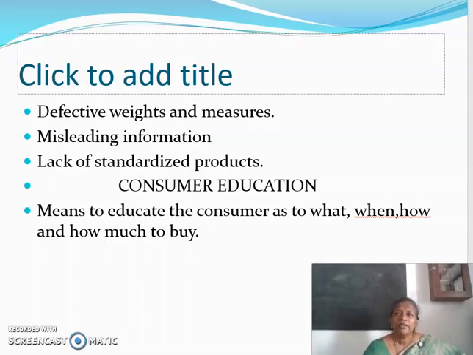Think of one example: when you use Fair and Lovely, they show the girl's face, put the number of days along with it, first, second, third, fourth, fifth day, and on the seventh day they show the girl's face with a lot of brightness. In such a case, all South Indians would be very fair if they used Fair and Lovely, but nothing will happen. So that is misleading information. They are trying to force the product.